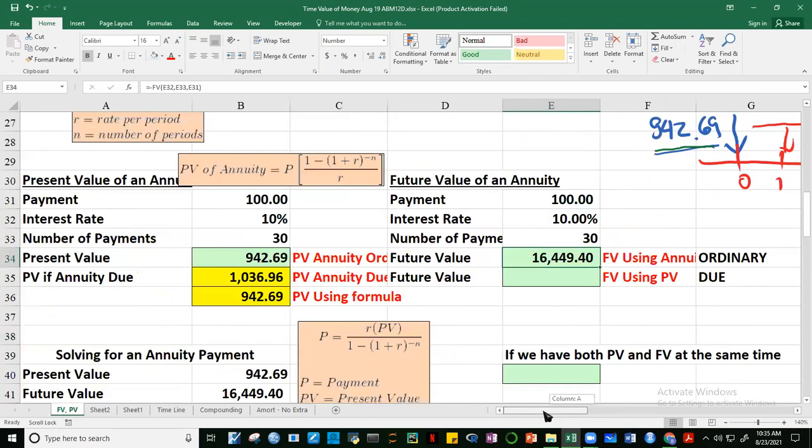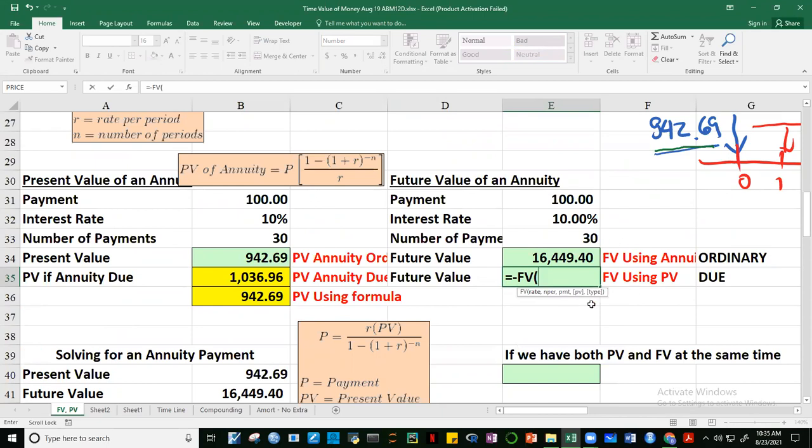Okay, then of course, kung equivalent tong mga to, how did we compute for 16449? We computed for 16449 using the annuity, no? What if we compute for the future value using our present value? Tingnan natin guys, kung ang gagamitin natin itong 942.69, ano yung value ng 942.69 after 30 years at 10%?